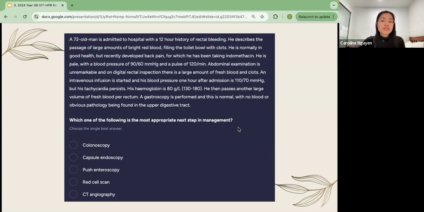Good guess. The reason why we wouldn't do a colonoscopy is because they're really ill, and a colonoscopy is not something that can fix the issue. So when you have someone who's unstable, for example, like a perforated gallbladder, you take them into theatre because you can do something in theatre to fix the problem.